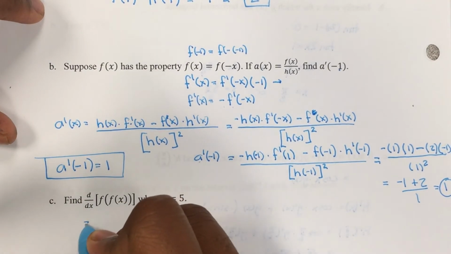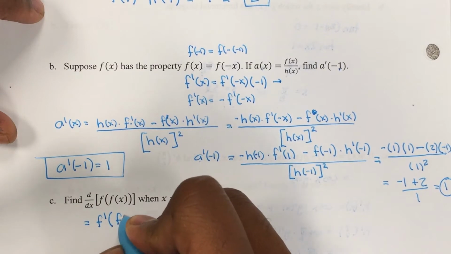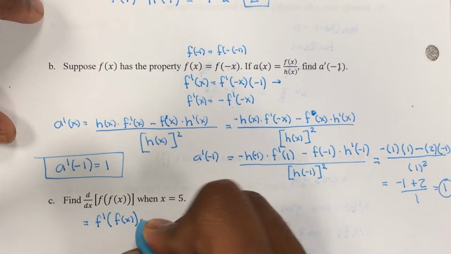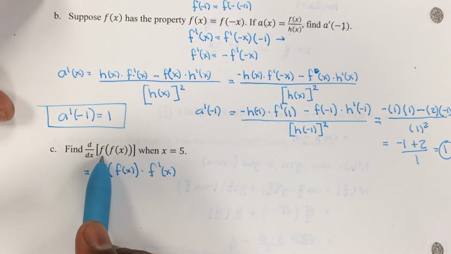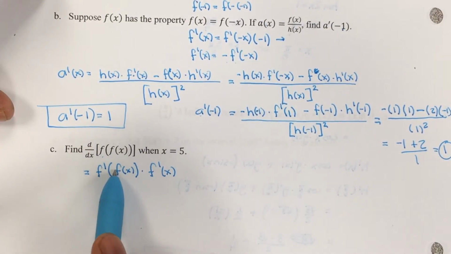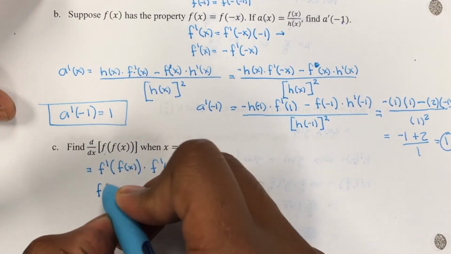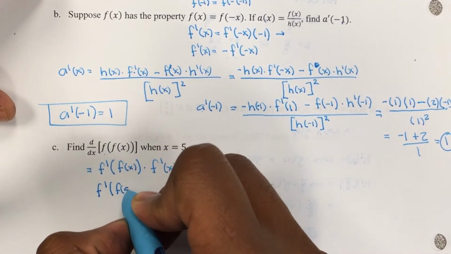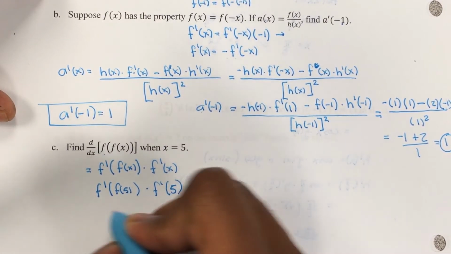And for part C, we're going to have f prime of the input, never change the input, multiplied by the derivative of the input. So the derivative of f of f of x is f prime of f of x times f prime of x. It's going to give us f prime of f of 5 times f prime of 5.